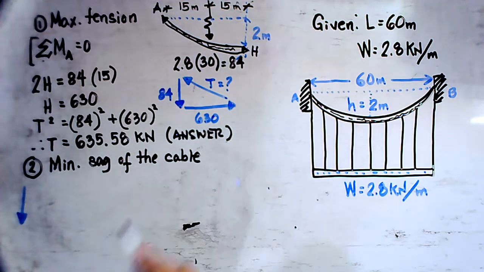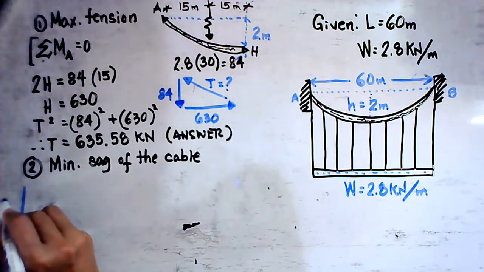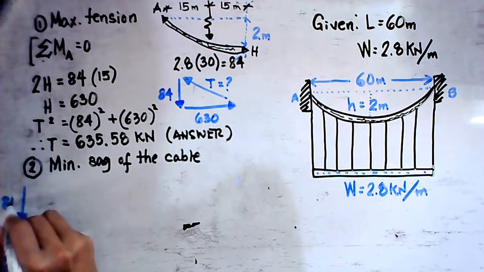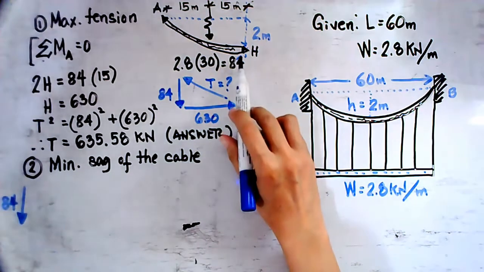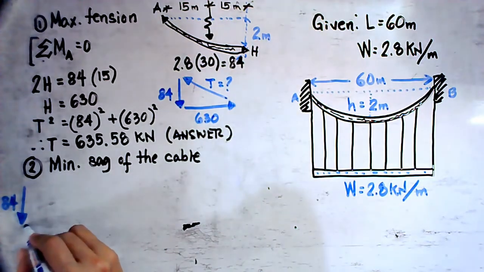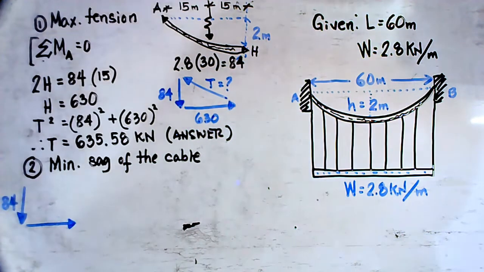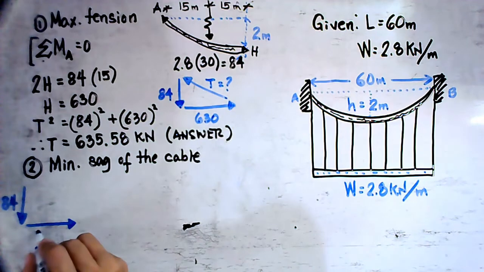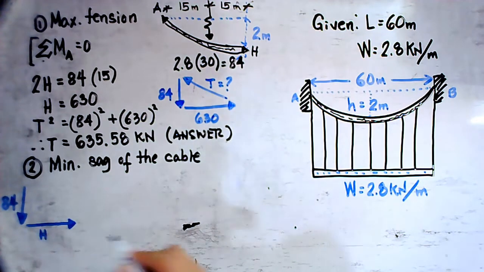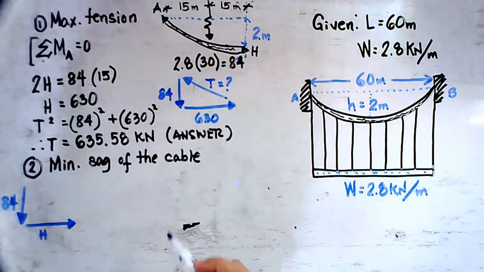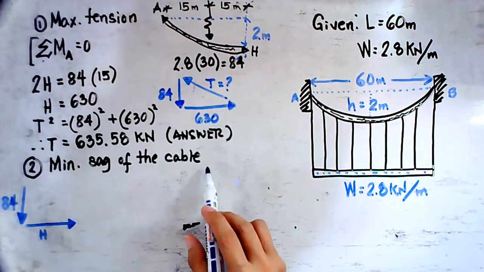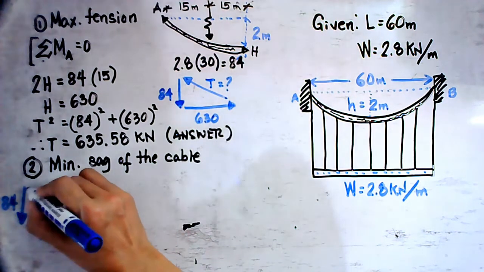So since that is the condition, if we are going to represent the allowable maximum tension using again a force polygon here, we represent here 84, which is the resultant. Then of course, you have here the horizontal force, which is unknown to us because now the condition is minimum sag of the cable.